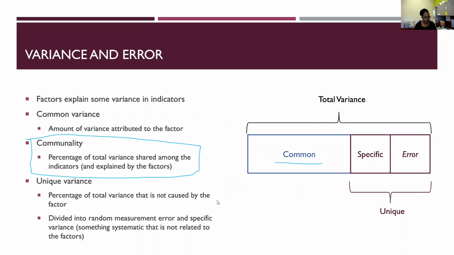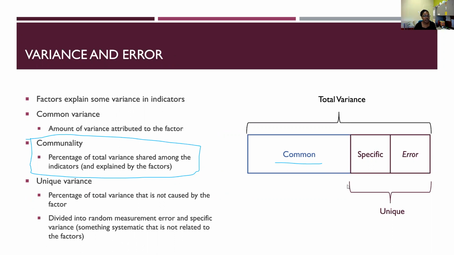But this idea of common variance is based on the fact that if all of these items are related to each other, it's because they're measuring some broader construct, right? So that's where we get this idea from. But the factor is never going to explain all of the variance.